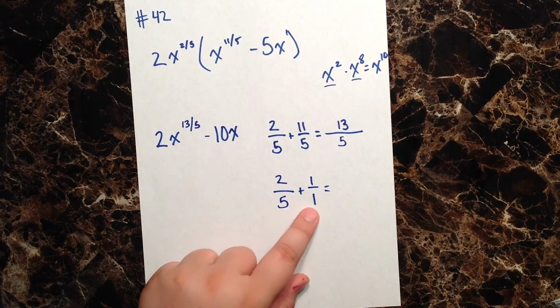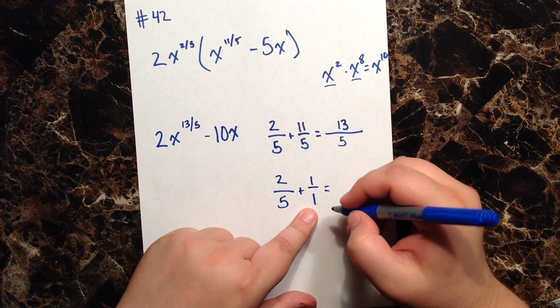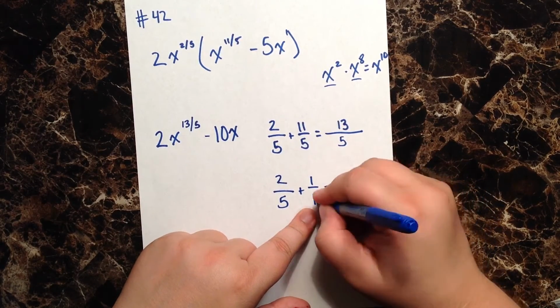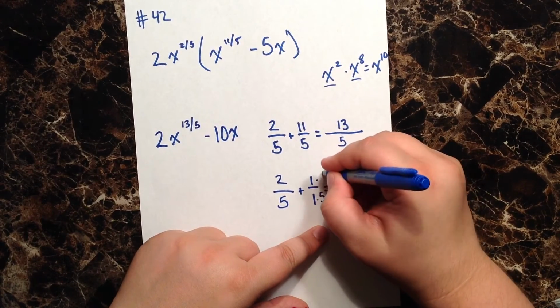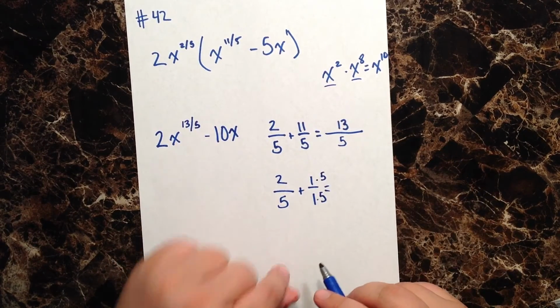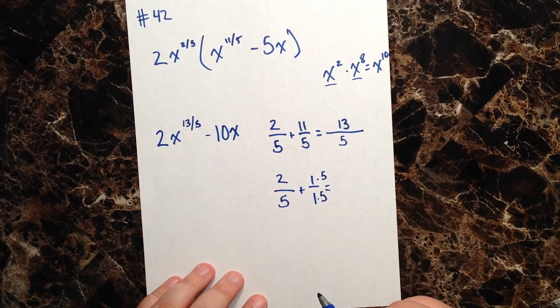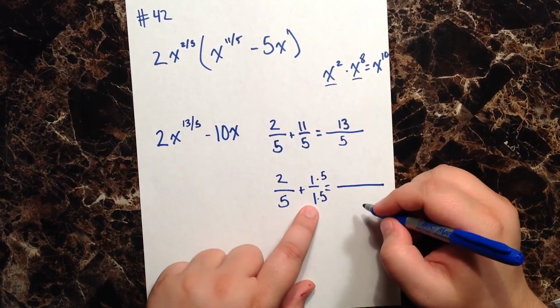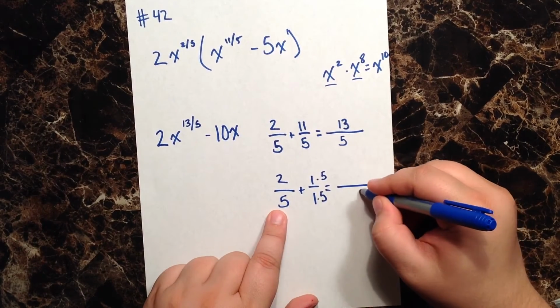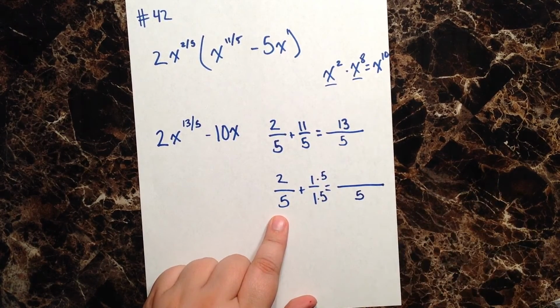So I've already got a 5 here, but I have a 1 here. So what do I have to multiply 1 by to get to 5? To multiply it by 5. And whatever I do to the bottom, I have to do to the top. And so I multiply my numerator by 5 as well. So really, now that I have a common denominator, because 1 times 5 is 5, it moves over.